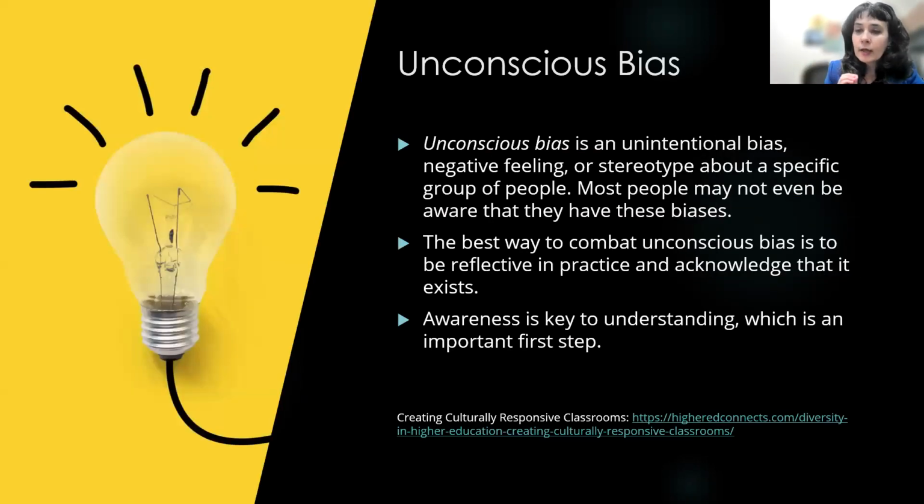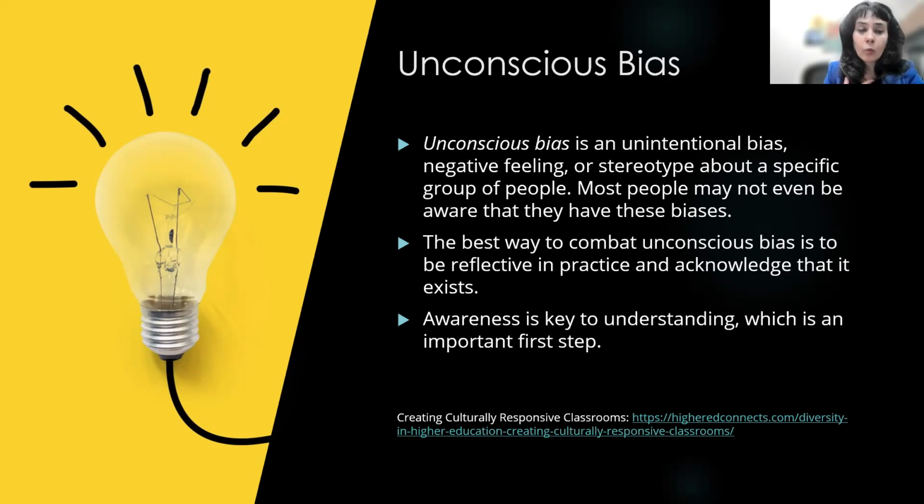So let's talk a little bit about unconscious biases. Start with the definition, as always. Unconscious bias is unintentional bias, that negative feeling or maybe a stereotype that we may hold about a specific group of people. And in most cases, our biases are unconscious.